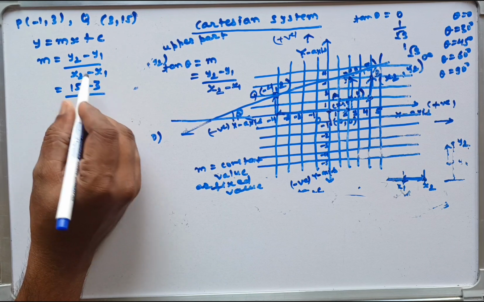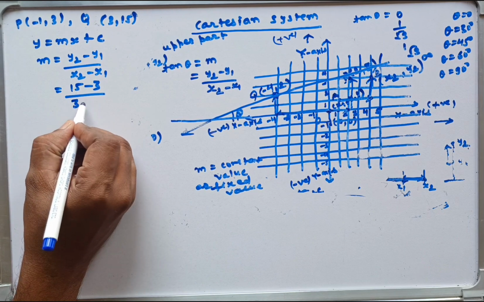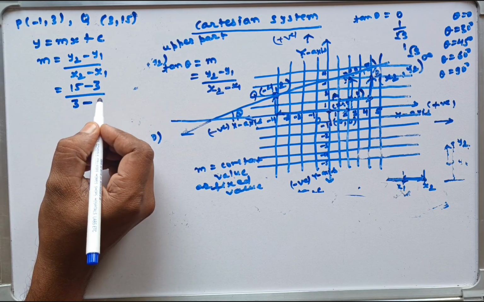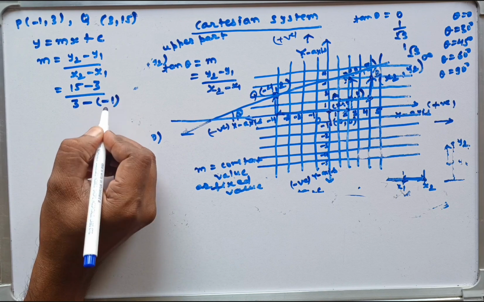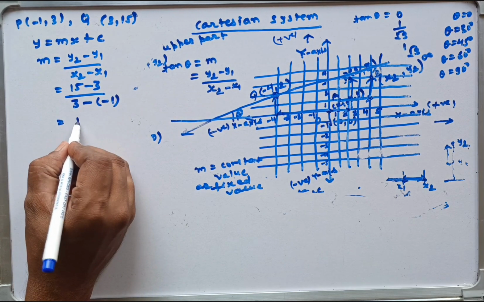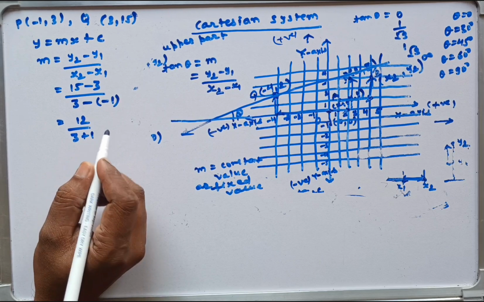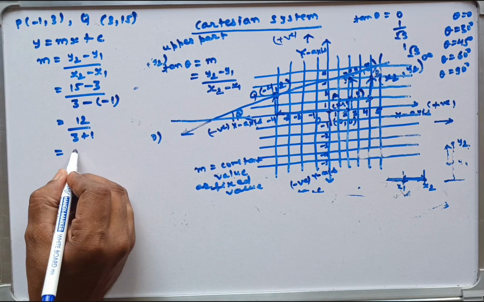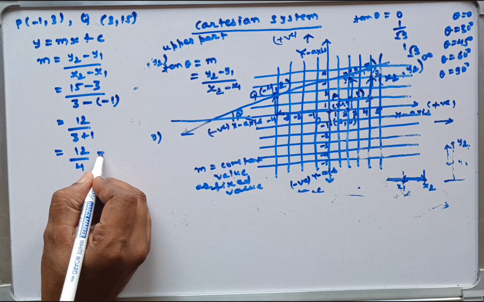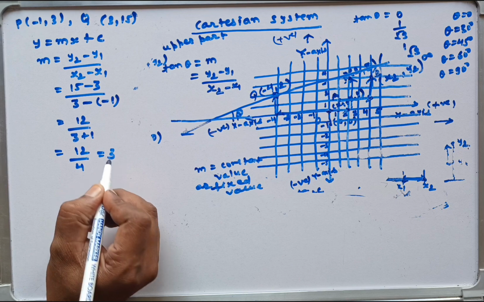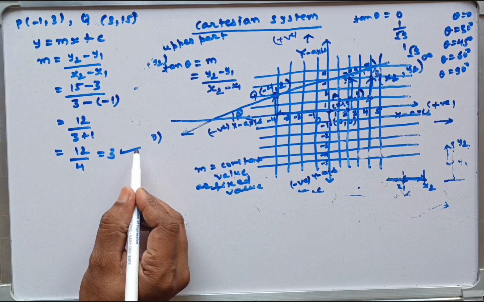Next, x2 equal to 3 again, and we take the difference with -1. So this will come 12, or 3 plus 1, so this is 12 by 4, which is equal to 3. So this is the slope of the straight line.